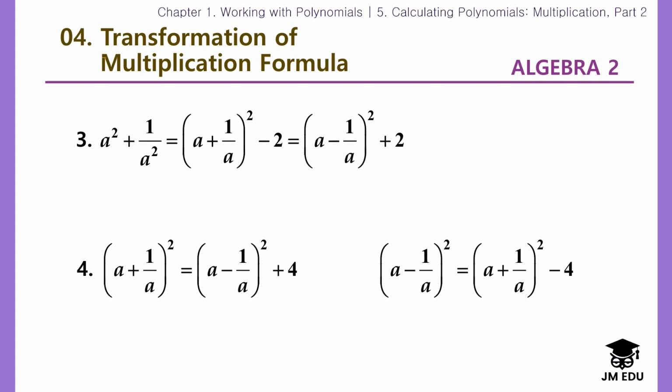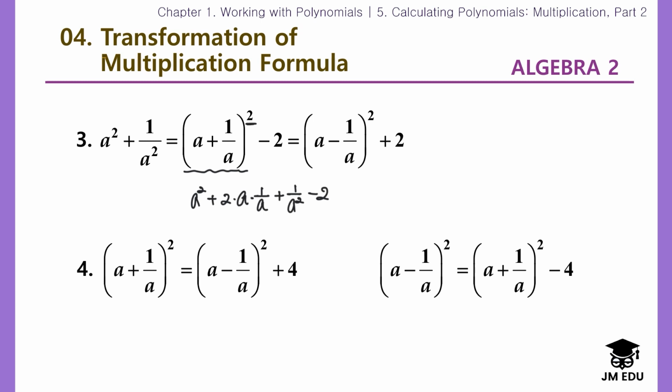Okay, let's expand this binomial square. That's a², plus binomial square 2 times first term times the second term, right? Plus second term square, 1/a², and we have a minus 2, right?